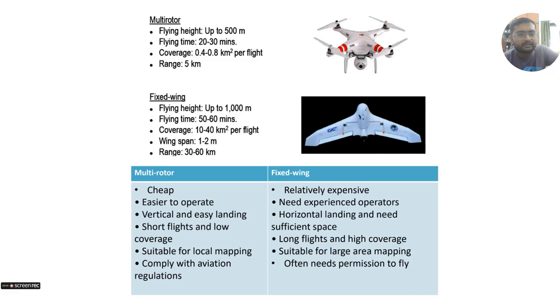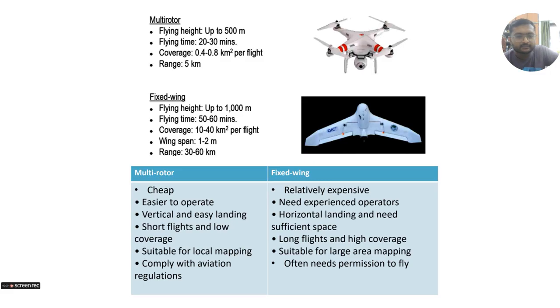Flying time is 20 to 30 here, and 50 to 60 there. Coverage is 0.4 to 0.8 square kilometer per flight here, whereas for fixed wing it is 10 to 40 square kilometers per flight. Range is 5 kilometers here and 30 to 60 kilometers there. So fixed wing has more height, high flying time, high coverage and high range.